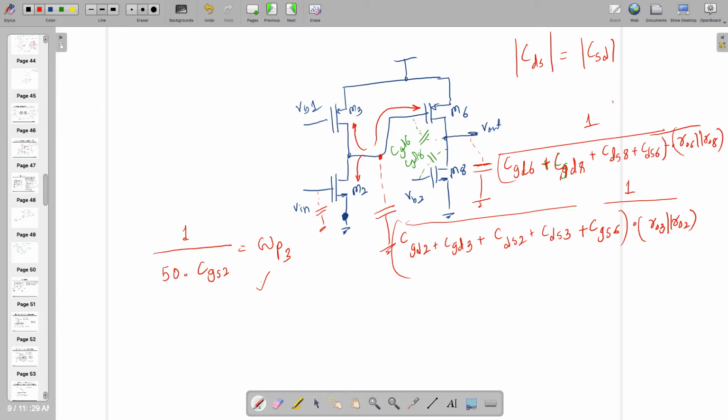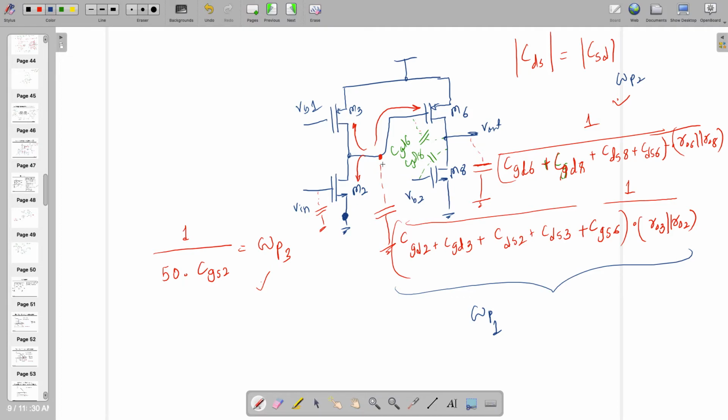Generally, this output pole has to be far from the second one. Stage by stage, there is a practice that this has to be 1, this is 2, and respective stages will have 3, 4, and the respective pole at the output of each stage should be coming first.